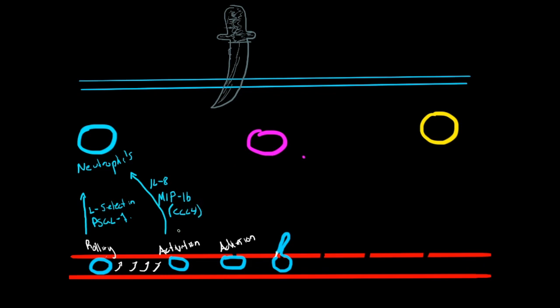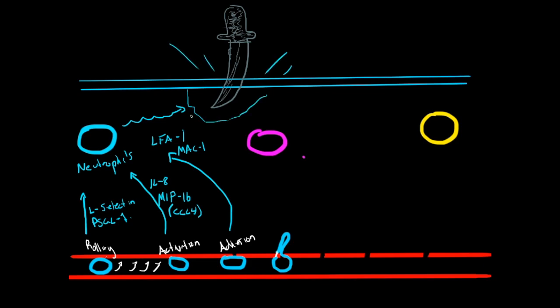Next, the molecules involved in adhesion for neutrophils are LFA1 and MAC1. Neutrophils are the first to the site of inflammation. You have inflammation happening here, obviously, because of this knife, you're bleeding, and there's bacteria coming in, so it responds to C5a, which is part of complement.